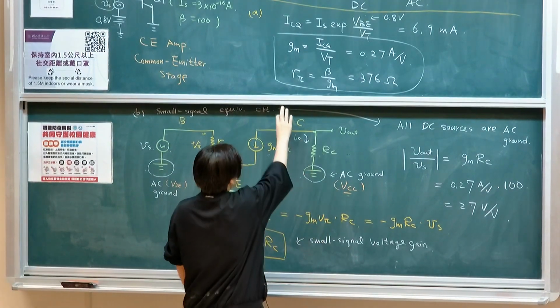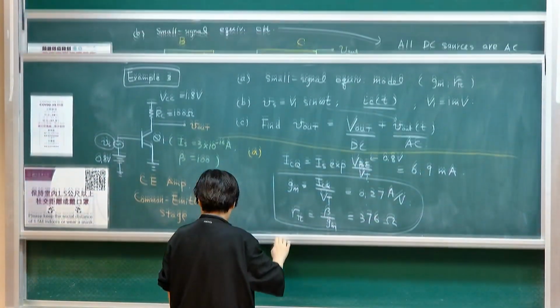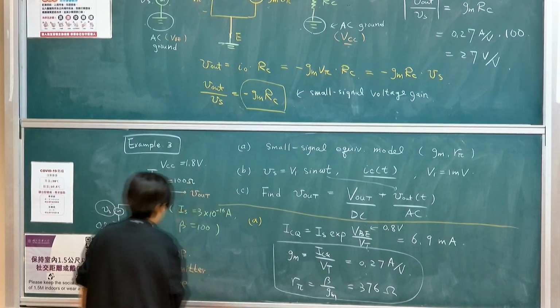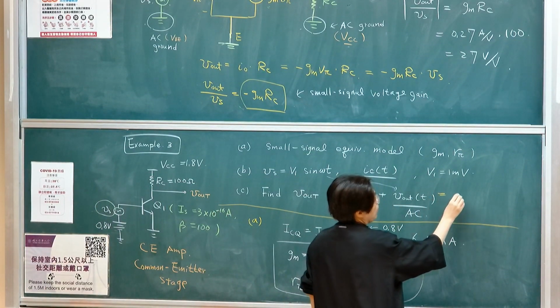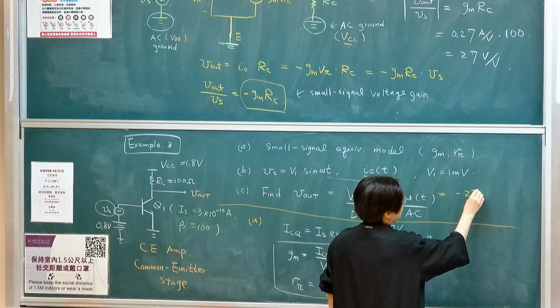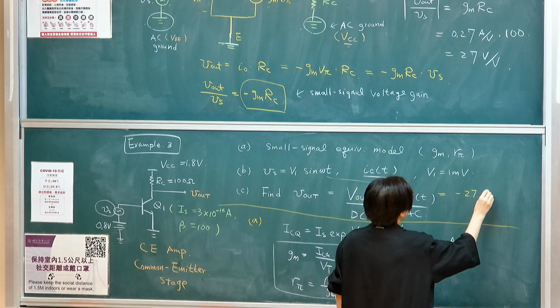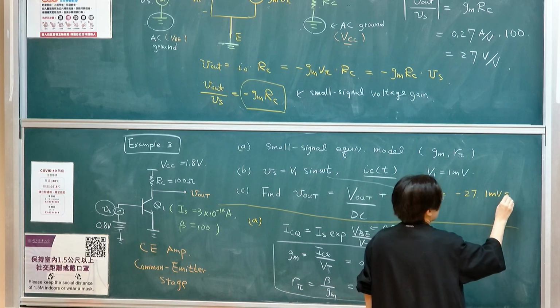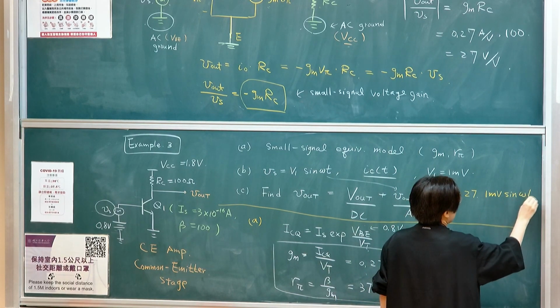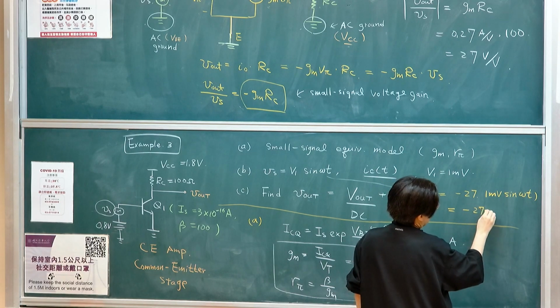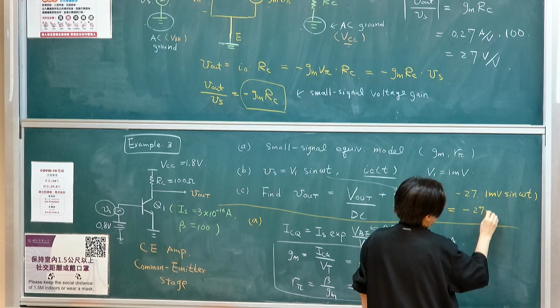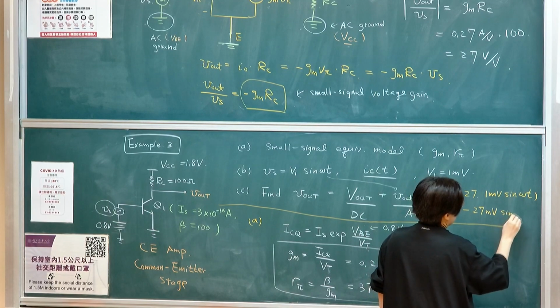If I want to write down my output voltage, I'm just going to use this. Your output voltage here will simply be minus 27 times 1 millivolt sine omega t. So it will be minus 27 millivolt sine omega t.